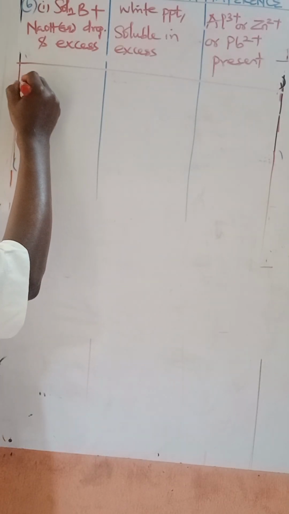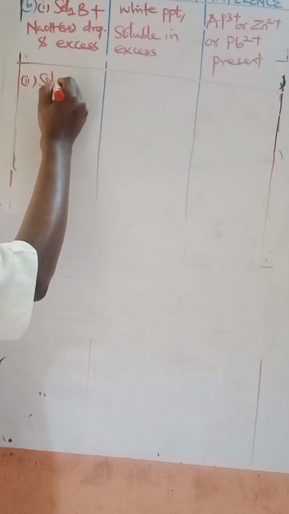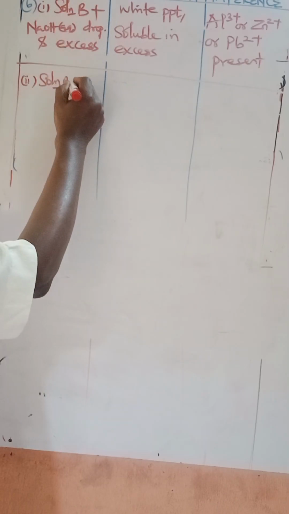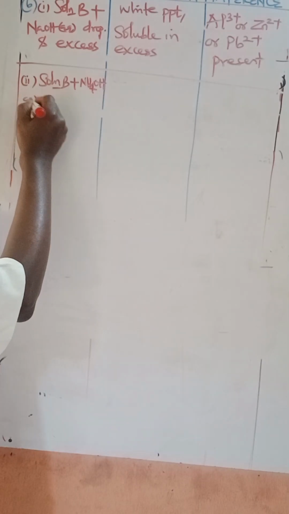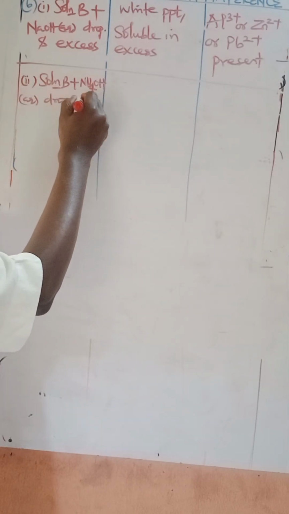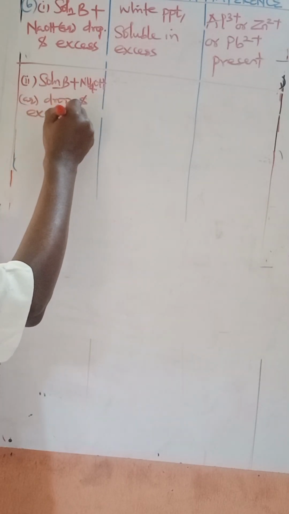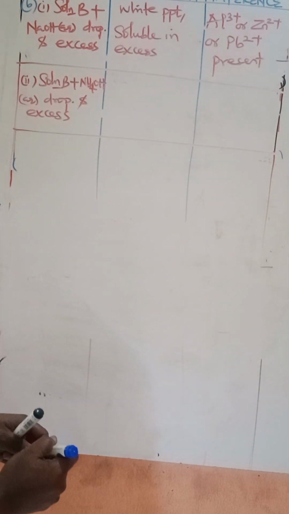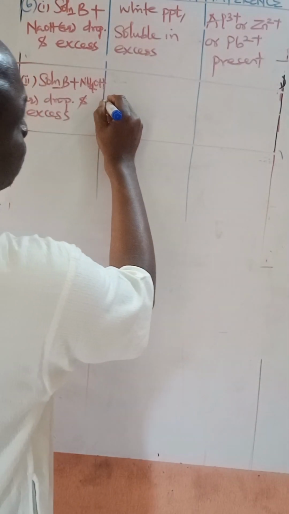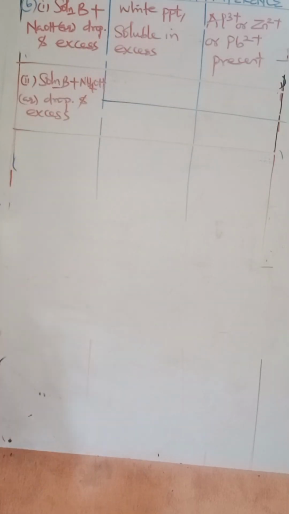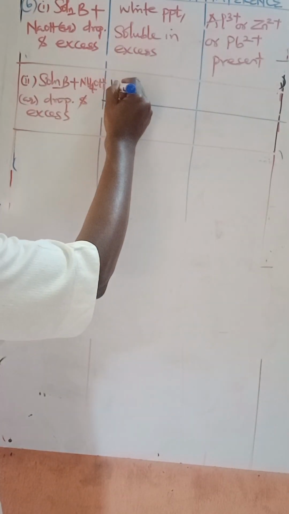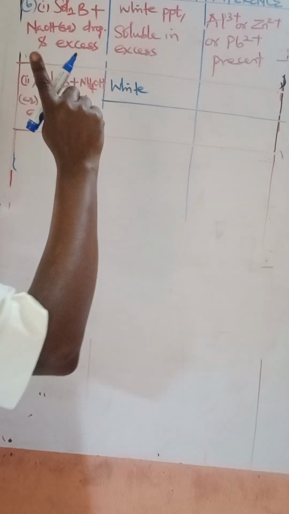Then we go to another portion of solution B. You test it with ammonium hydroxide, dropwise and in excess. In the case of calcium ion, it was recorded as no precipitate. But here, if you have a white precipitate, it can never be calcium ion.